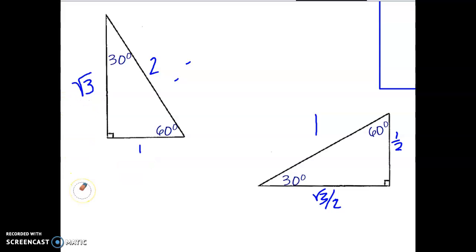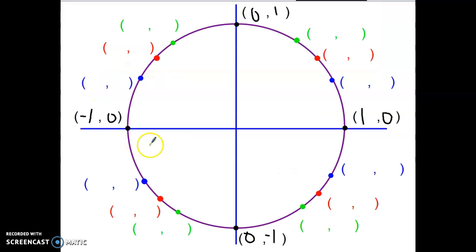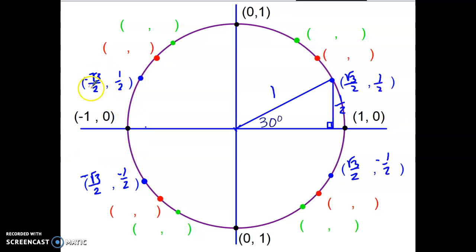If I were to do the cosine of 30, you remember cosine is adjacent over hypotenuse. Cosine is square root of 3 over 2. So cosine, if I look at my circle here, cosine is in the x position. Always cosine is x, and you can see that cosine is positive in the first, negative in the second, negative in the third, and positive in the fourth.